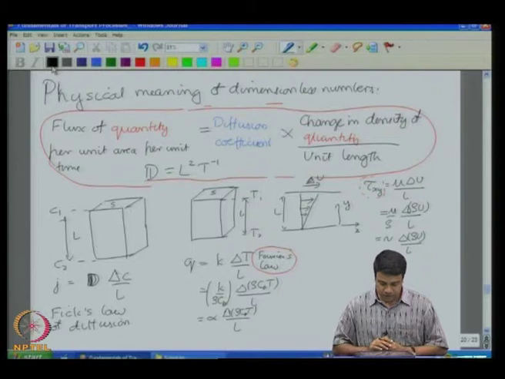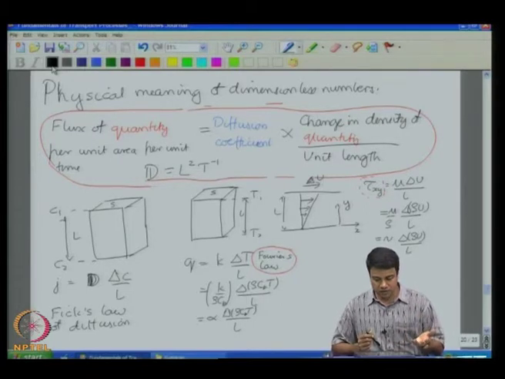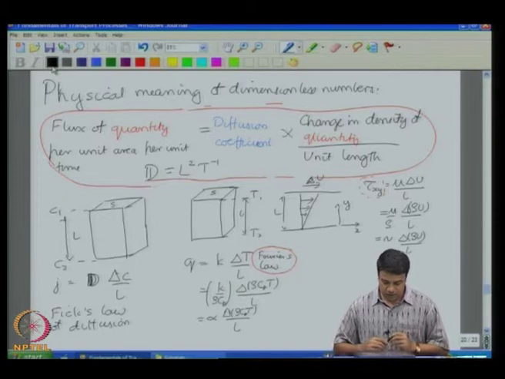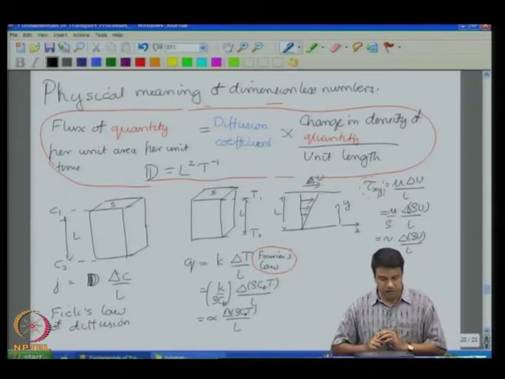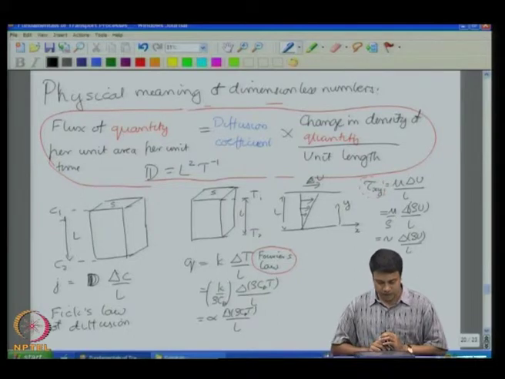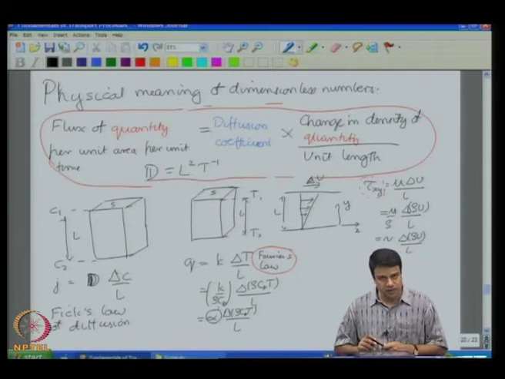I have k times delta T by L, but I have to express it in terms of the change in the density of that quantity, which is energy itself, and energy has to be written as rho Cp times T. So, the change in rho Cp times T divided by L. And obviously, if I write it in this form, the coefficient that appears in front is k divided by rho Cp. So, I get this thermal diffusion coefficient alpha times the change in that quantity per unit length. So, alpha is the thermal diffusivity.